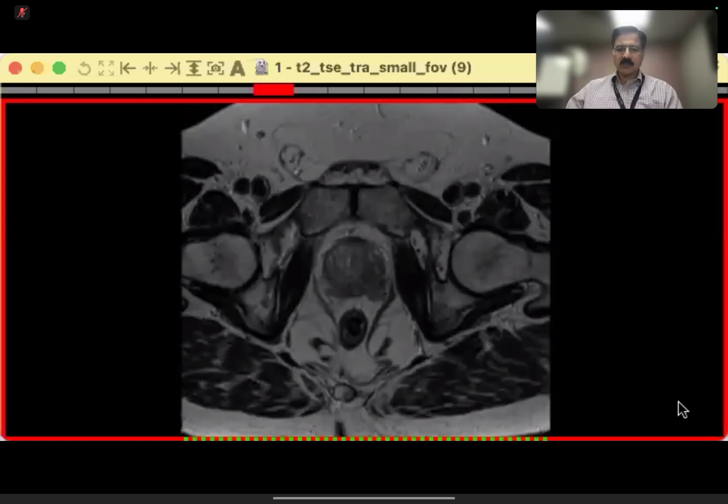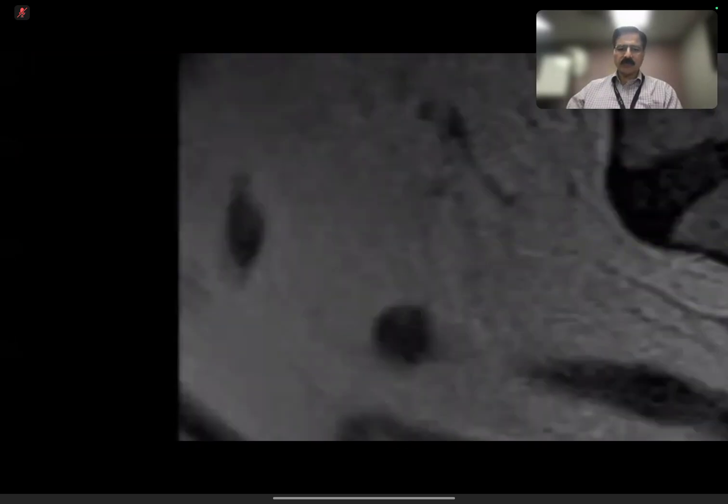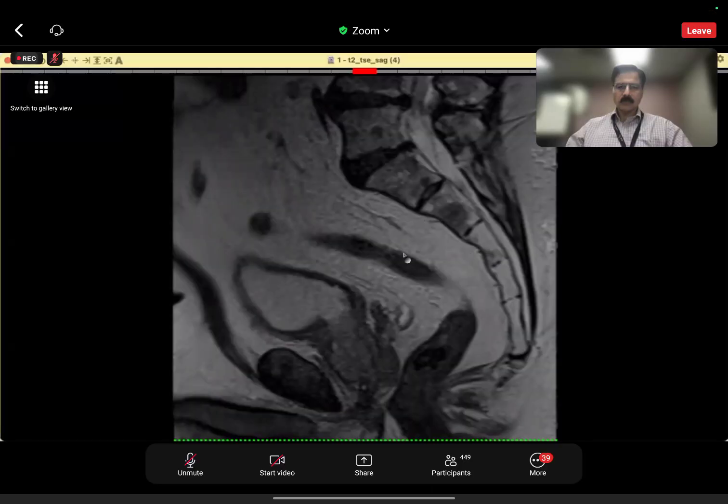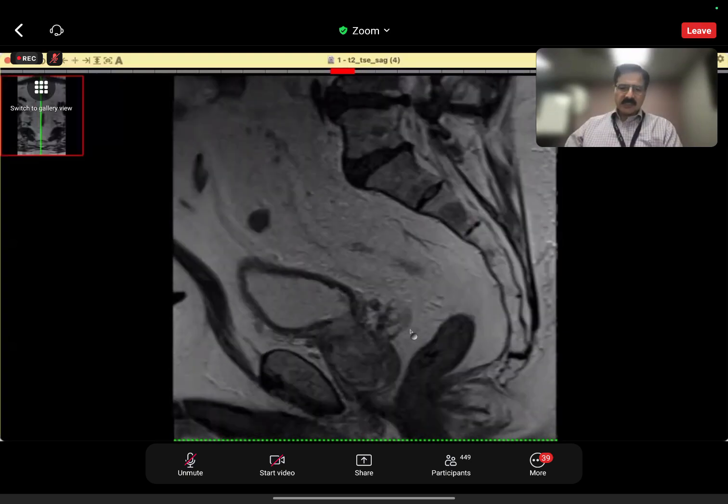We will ask for a T1 for that. Before that, let's go for a sagittal. So this is a sagittal.